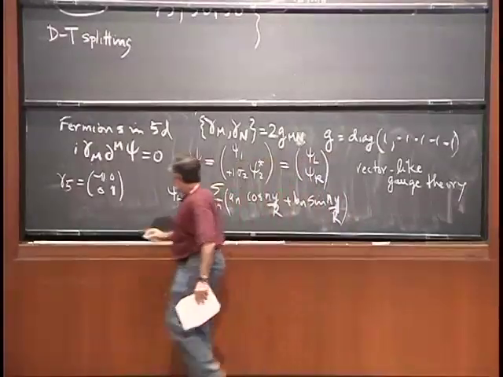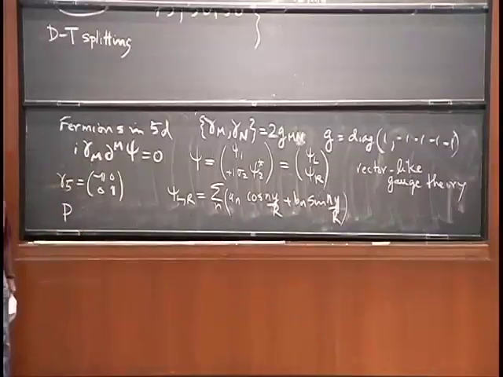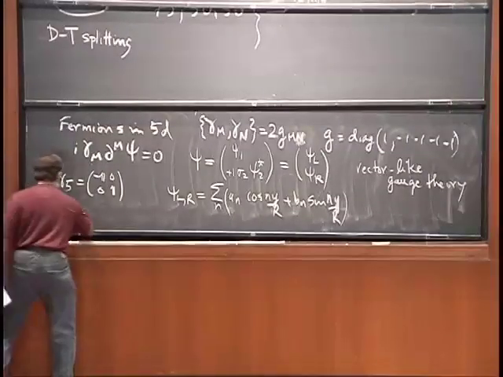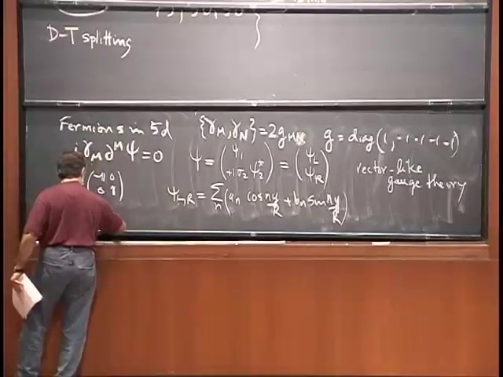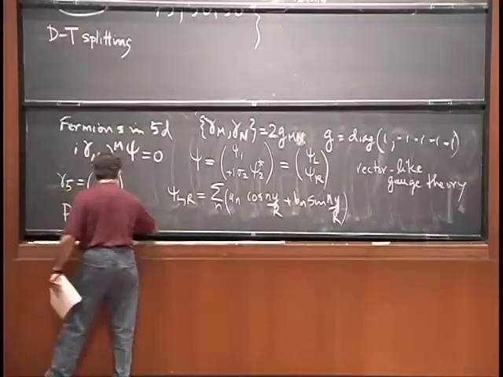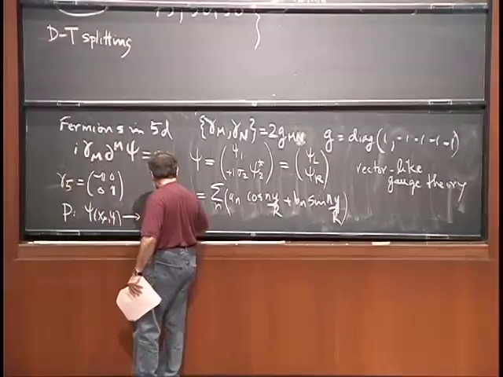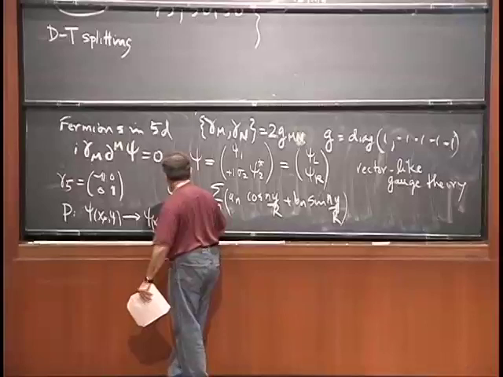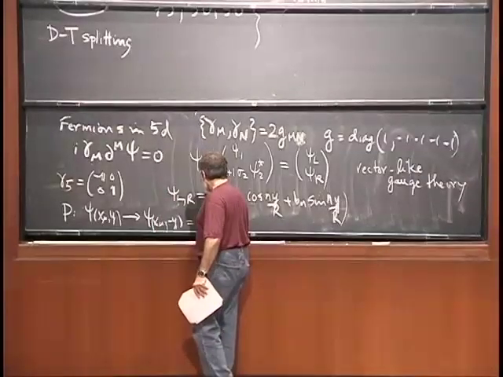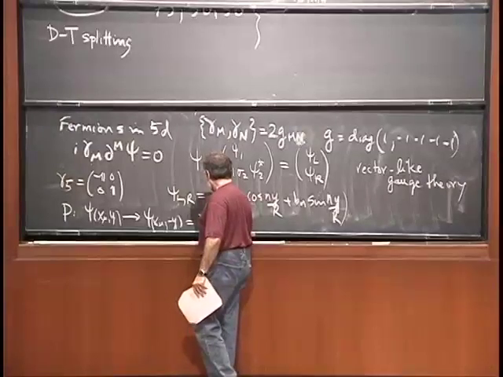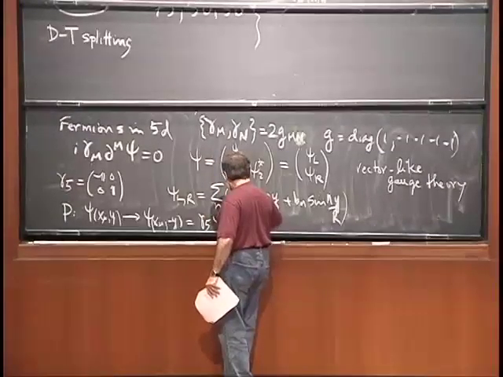But let's imagine that we have a symmetry under parity. This theory does have a symmetry under parity, and parity we'll define as taking the psi field of x, mu, and y and transforming it to psi of x, mu, and minus y, which is equal to some operation, which I'll call gamma 5, on psi of x, mu, and y.